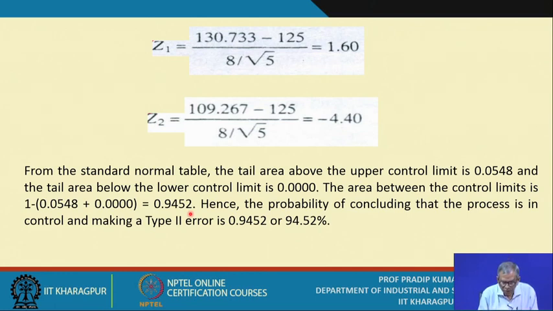That is 0.9452. That means in 94.52% of the cases, you will be unable to detect this shift from 120 to 125. Though the process has gone out of control, in 94.5% of the cases you will assume that the process remains in control. So you will be making type 2 error.